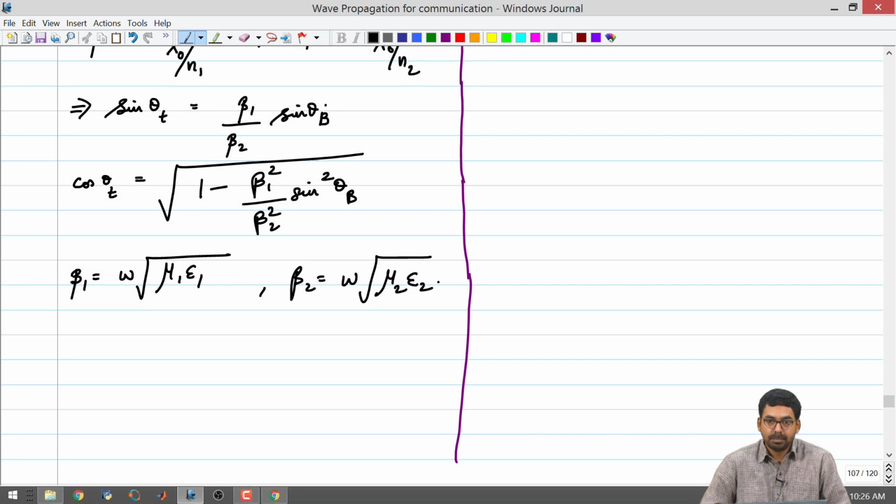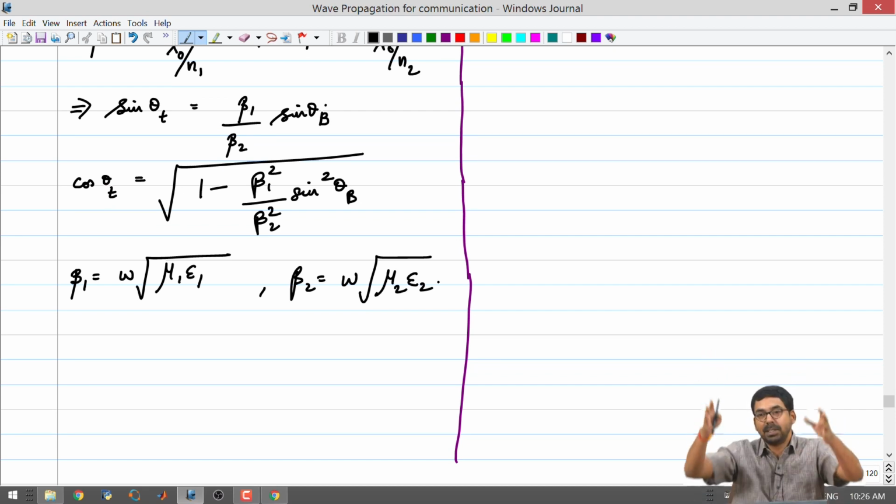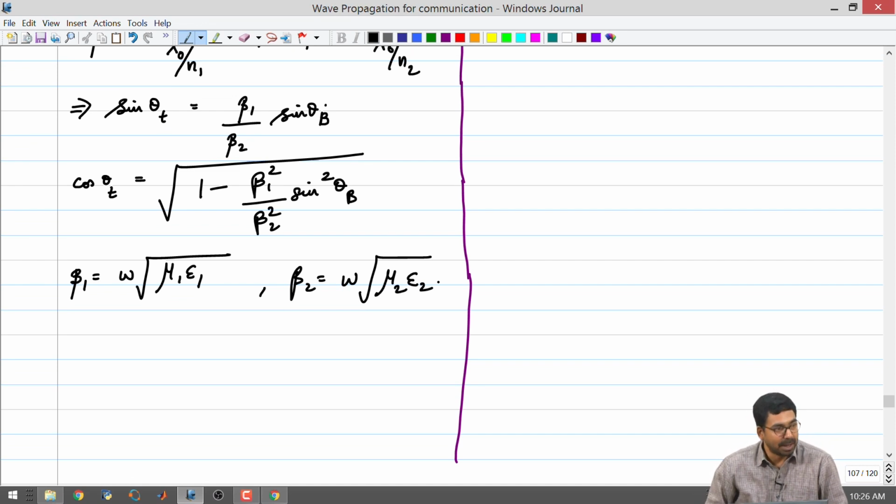You can always make one more level of substitution for cos theta t, and you will be having square root of 1 minus, right, omega square mu 1 epsilon 1, divided by omega square mu 2 epsilon 2. So, you will get rid of that omega square term. So, you will be having mu 1 epsilon 1 divided by mu 2 epsilon 2 sin square theta b. Then you could substitute that into your expression for finding out the Brewster's angle. It only gets more and more complicated when you make a lot of these substitutions.